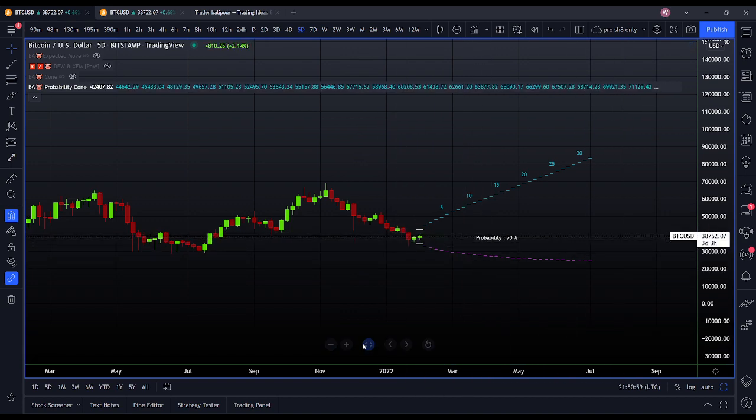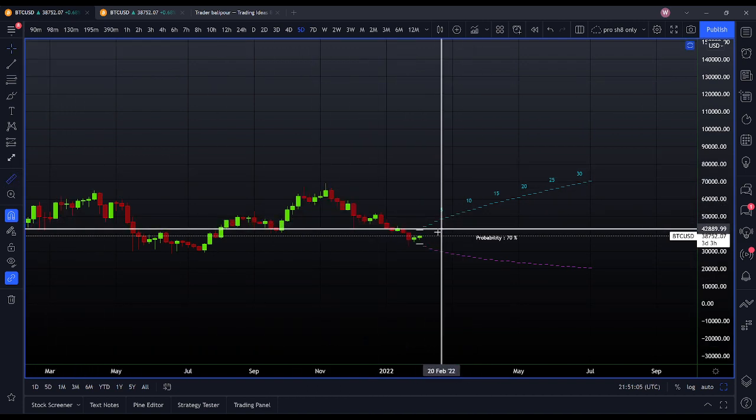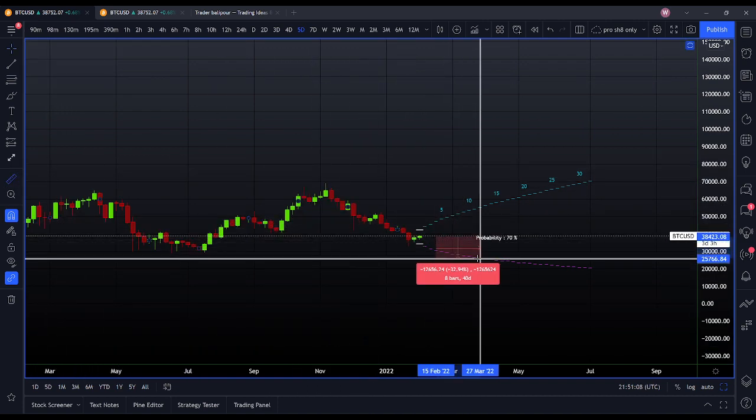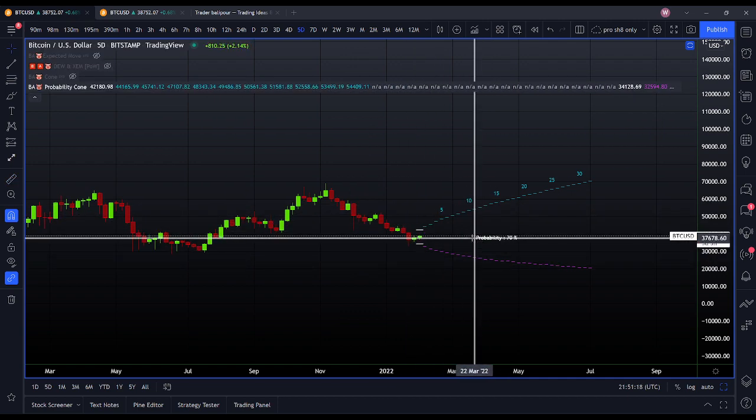So just looking at that, and then we can also turn off the non-zero mean if we want, and it's still to the downside. And let's do April 1st. April 1st, 32% down, and then April 1st, 47% move higher. But those are the extremes.